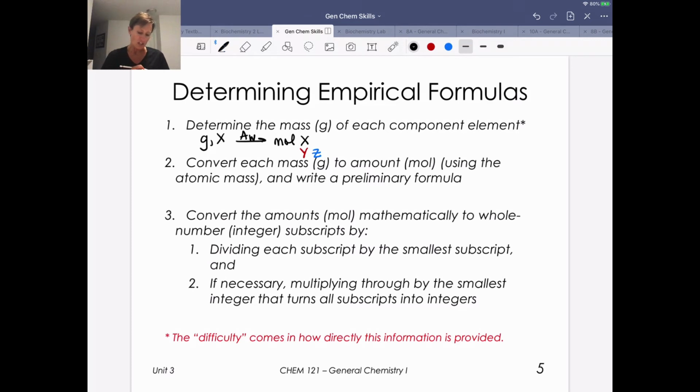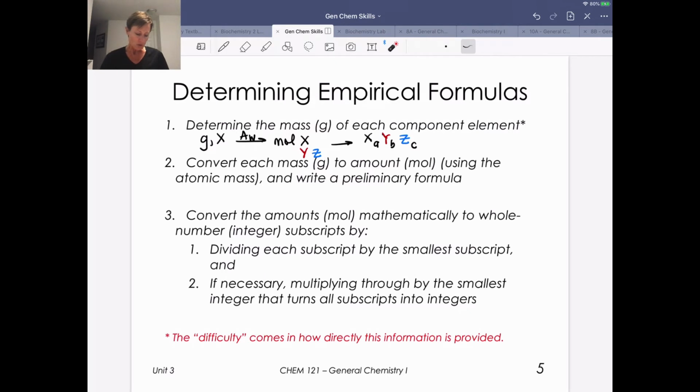What we're then going to do is write a preliminary formula. And how we're going to do that is we're going to have some ratio of X, a certain number of them, Y, a certain number of them, and then Z, and a certain number of them. When we get these moles of X, Y, and Z, they're not likely to be whole numbers.